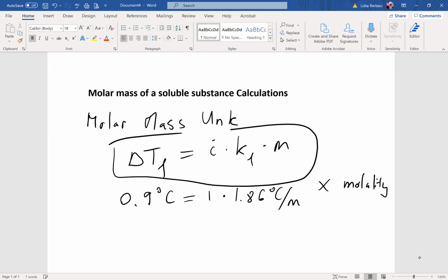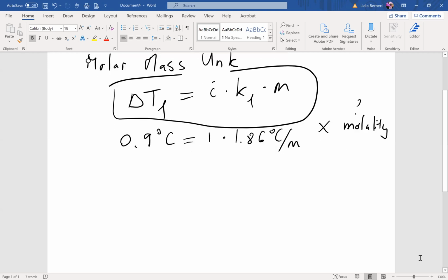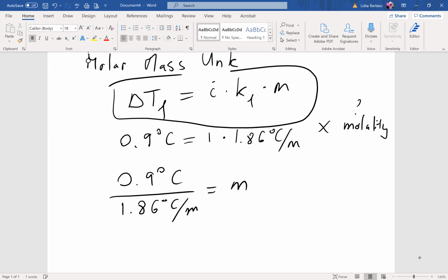We're going to rearrange the equation: 0.9 over 1.86 equals molality.